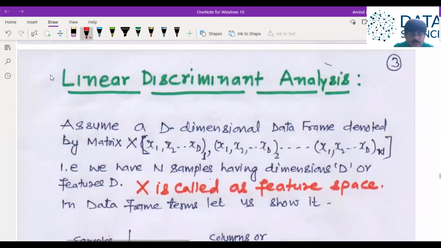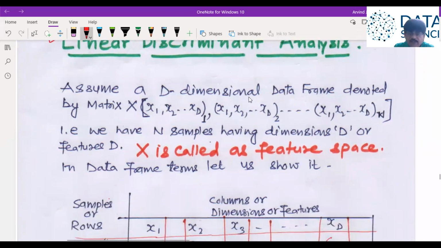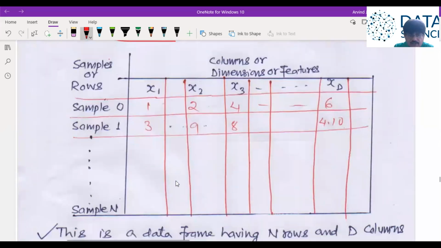Now, coming to the actual thing, linear discriminant analysis. Let us assume a d-dimensional data frame, which I am denoting by capital X. It has d dimensions, x1, x2, and so on to xd. I have depicted this data frame, or feature space, like this.